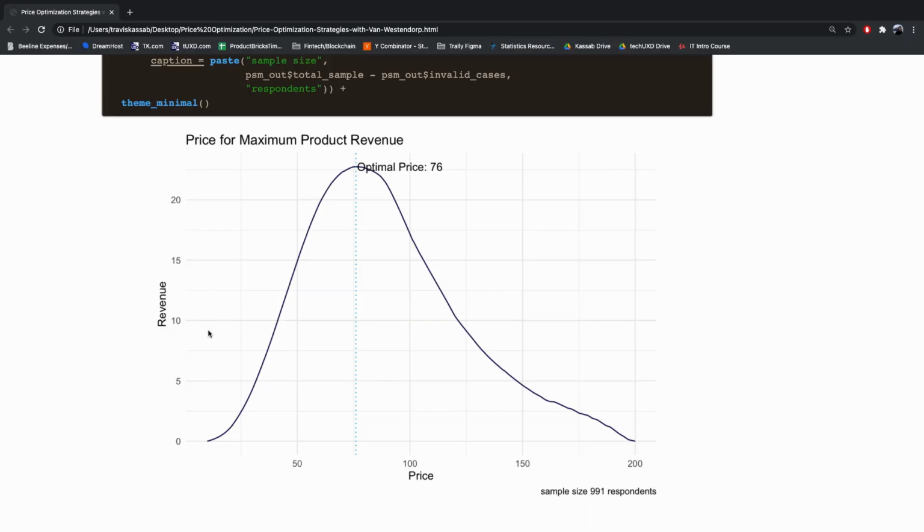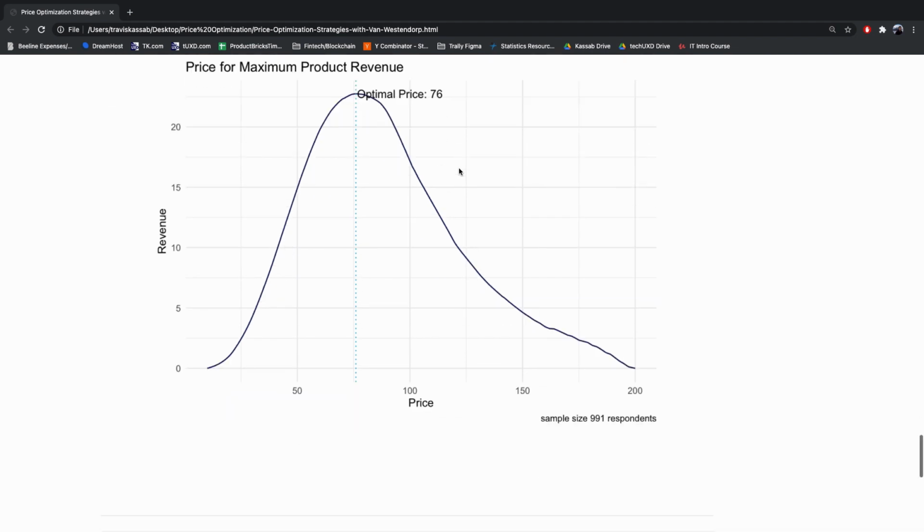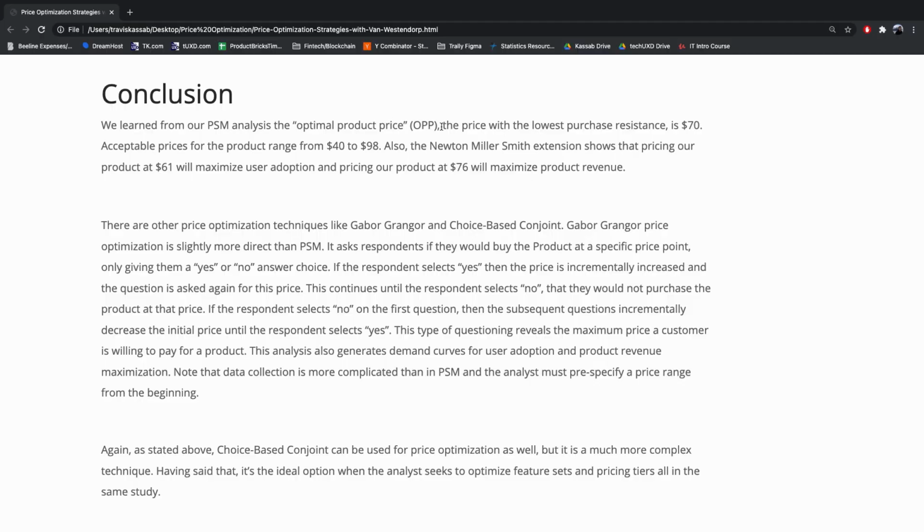The next demand curve is for product revenue and maximizing it. We have revenue on the y-axis, price on the x-axis, and we have this demand curve. And the maximum tells us the price at which we maximize revenue, which is $76. So just to wrap up, I want to talk about several things that we learned from the PSM analysis and then the extension from this. We learned from the PSM that the optimal price point for product X is $70.